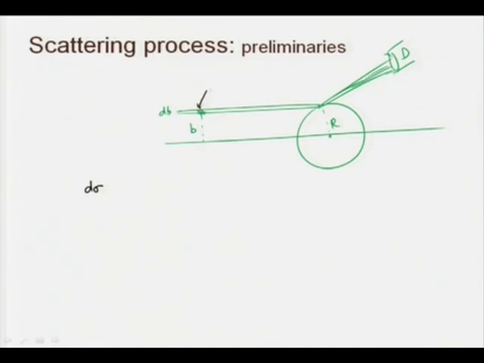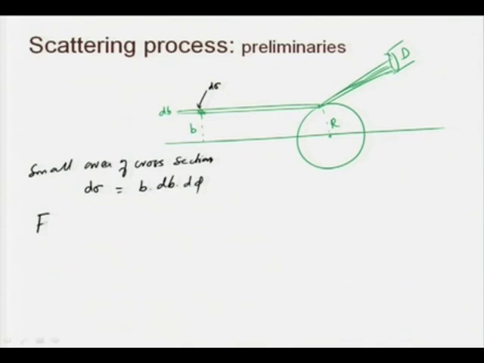So, d sigma is some small area there, okay, of cross section, which means it is perpendicular to the direction of the motion, which in this particular case geometrically is equal to B dB d phi, where phi is the azimuthal angle. I do not want to complicate the diagram by drawing this, but I hope you understand what the azimuthal angle is. It is the angle that you make as you go around the beam.